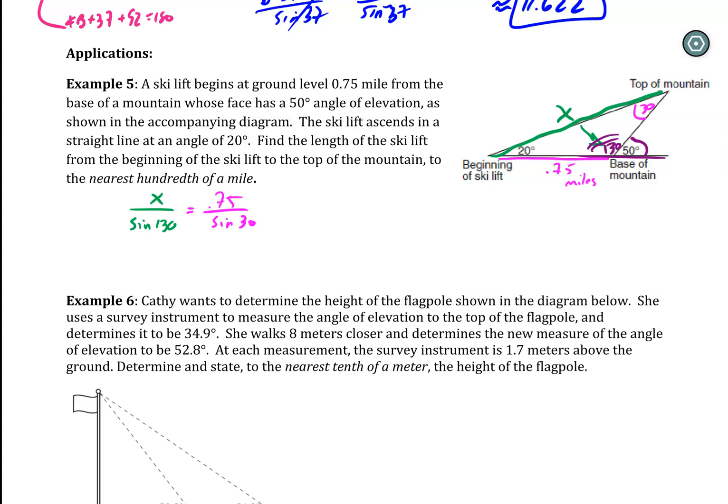We can cross multiply now and try to solve here. So cross multiplying, I get x times the sine of 30 is equal to 0.75 times the sine of 130. We're going to divide each side by the sine of 30.